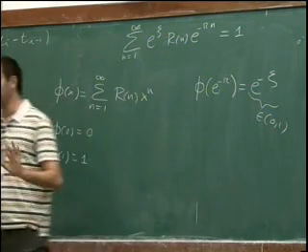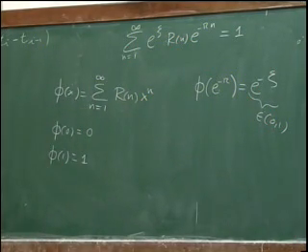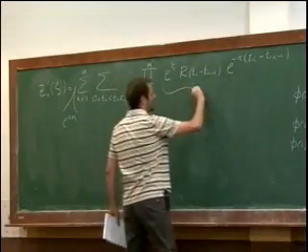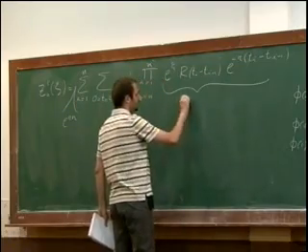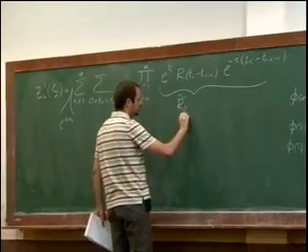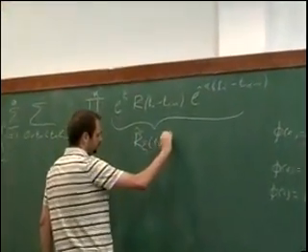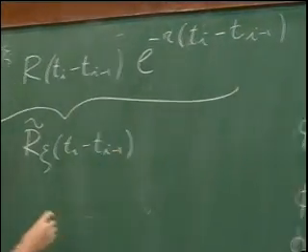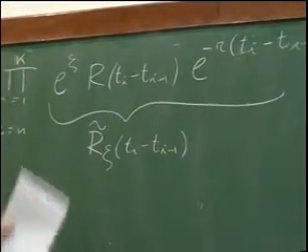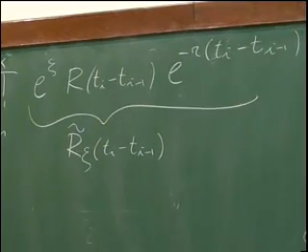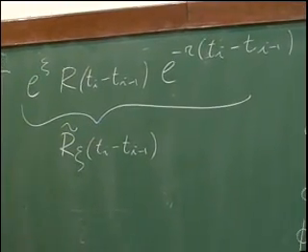So I fix R in this way. It's just a trick in a sense, but it's a very effective trick. Why? Because now this is what I will call R tilde zeta of ti minus ti minus 1, where R tilde zeta is just this.